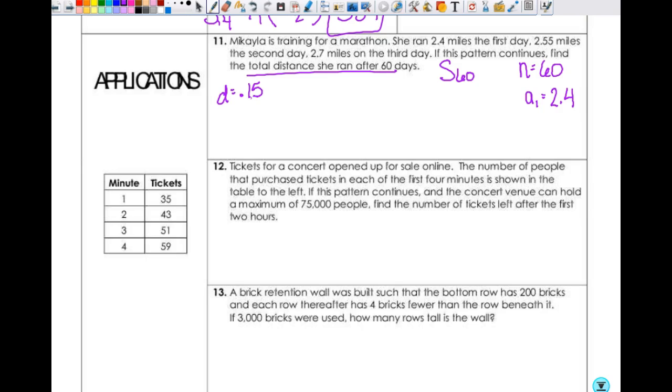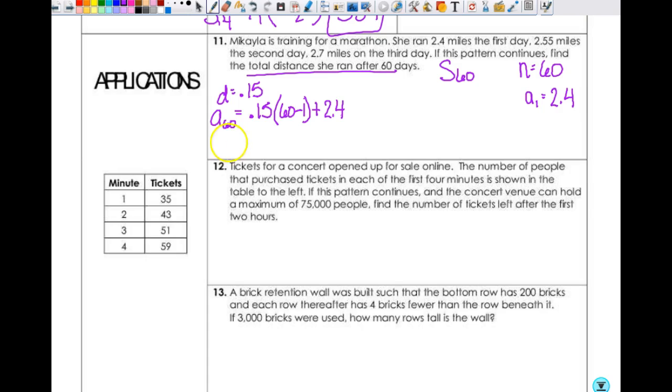I need the 60th term, right? So the 60th term is going to be equal to the difference, which is 0.15, times n, which is 60 minus 1, plus the first term, which is 2.4. It's not that bad.